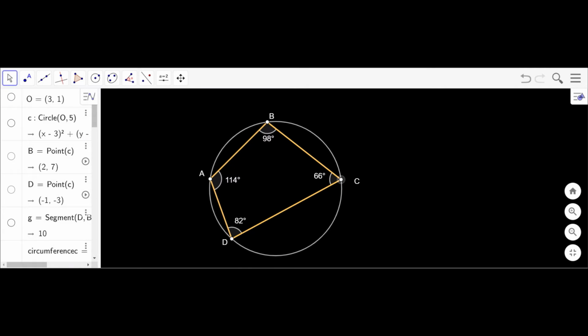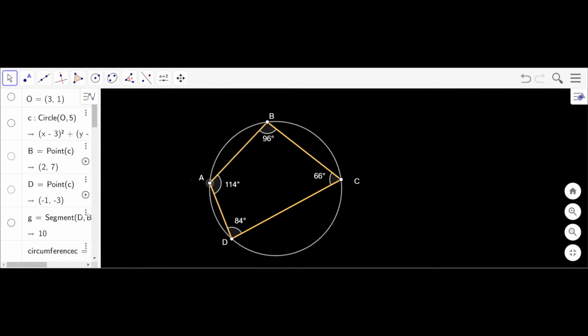So, this is my quadrilateral. If I move this point around, do you see? My 114 and my 66 stay the same, but my 116 there keeps on changing, and my angle D keeps on changing. If I go this side, now I have something different.